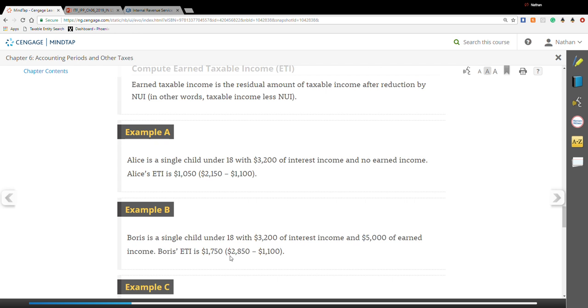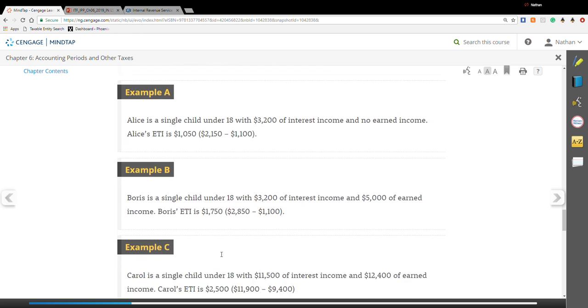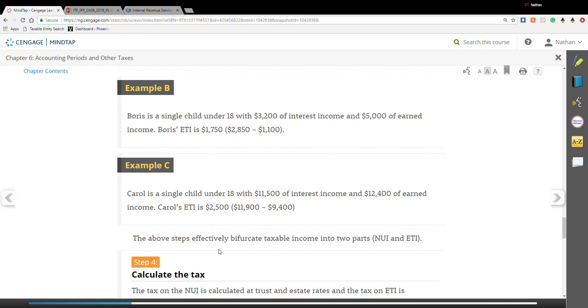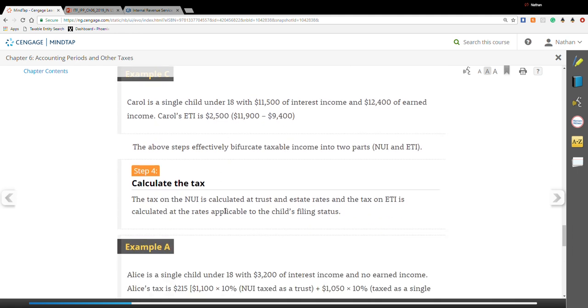Boris, it's a little bit different. His was 2,850 in step 1 minus step 2 of 1,100 gives us the 1,750. And the same thing with example C. So those are a little bit easier.